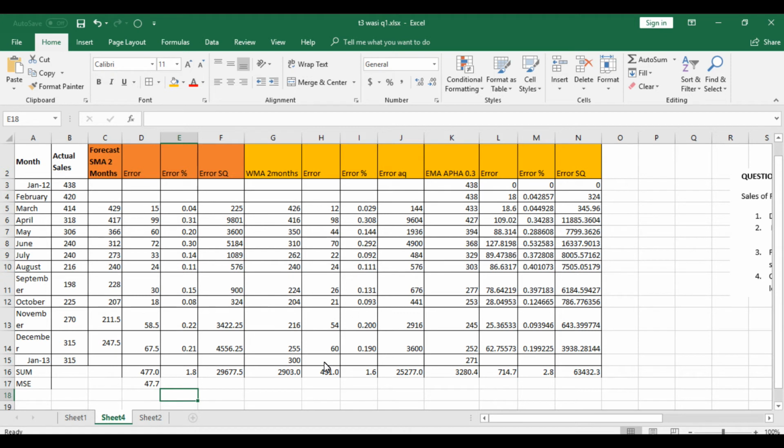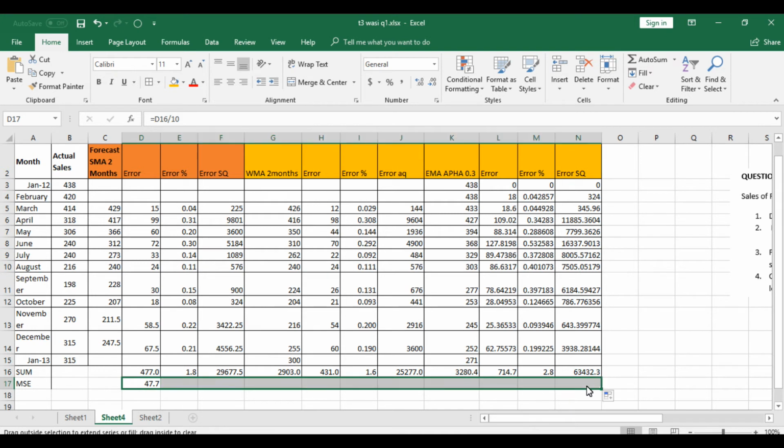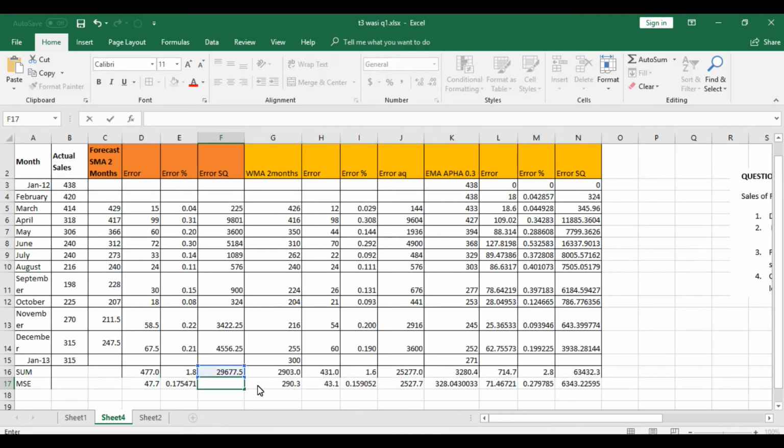Again for here, as we need just the error, delete the others except error.